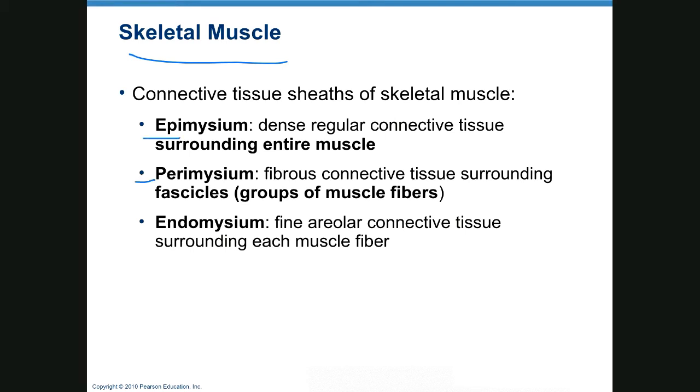Perimysium is around fascicles or groups of muscle fibers. And as you remember, we don't say muscle cell, we say muscle fibers, because you think of cells as being little bitty things, whereas a muscle cell's length is tremendous while it's microscopically thin. And then the endomysium surrounds each specific fiber.